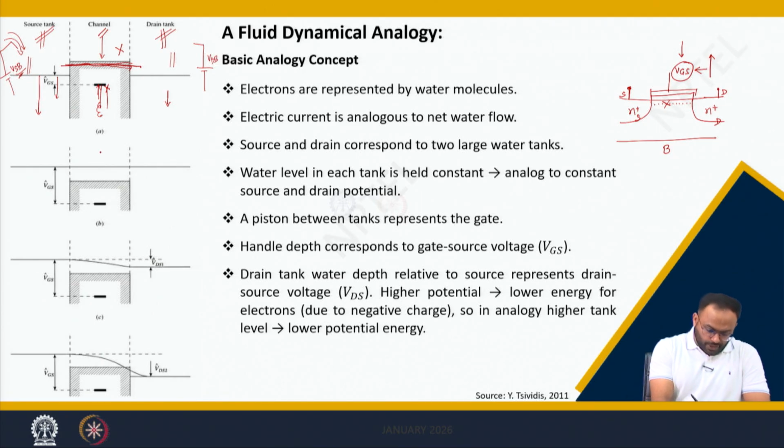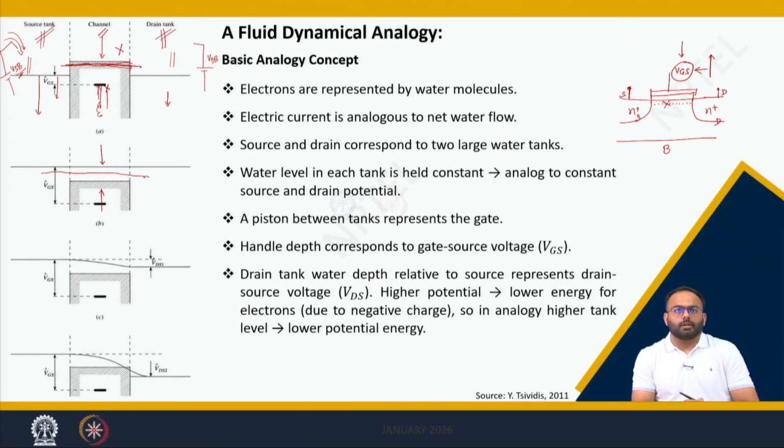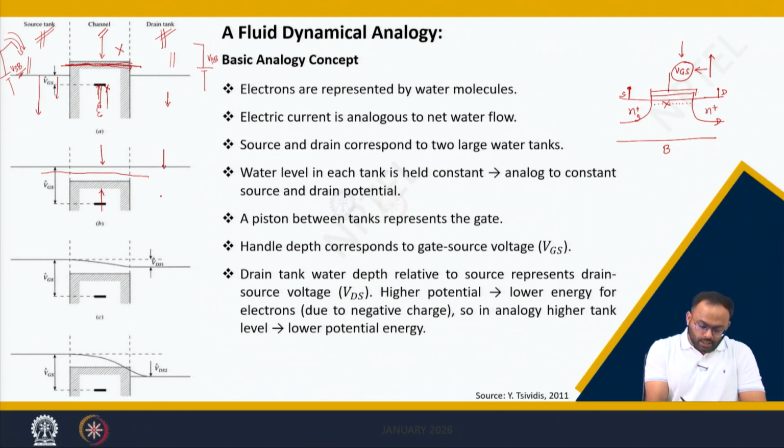Now, when you apply a sufficient VGS or you open the piston, there is a communication between the source tank and drain tank, but there is no flow of water because you are not applying VDS, meaning you are not lowering the level of water at the drain tank.